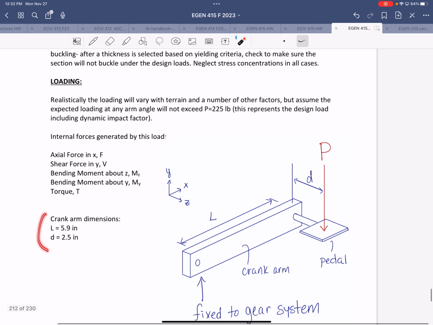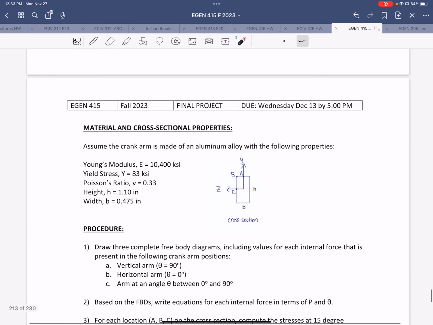The crank arm dimensions don't change. The cross-section dimensions are shown here. When you switch to the thin-walled rectangular section, these dimensions will still apply. They're just going to represent the outside dimensions. So your task is going to be to determine the minimum thickness that will be required for the walls of the thin rectangular tube.